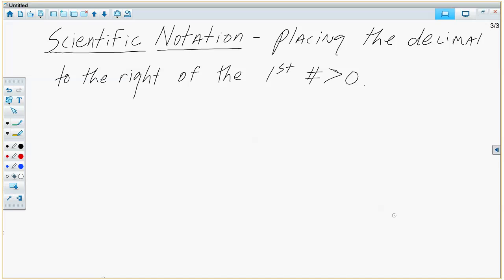Now, I love it when I give people this definition because they always say, well, how do I know which one's the right? Well, all of us read. Which way do we read? All of us read from left to right.